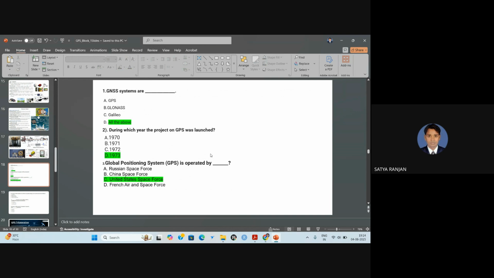Because we are discussing all these questions, since most of the time in UPSC or different exams, most of the GPS related questions are there. So in the next class, we will discuss all the GPS related question and answer discussion, so that we will clear all related to these topics. If any questions arise in the exam, then we can handle it.